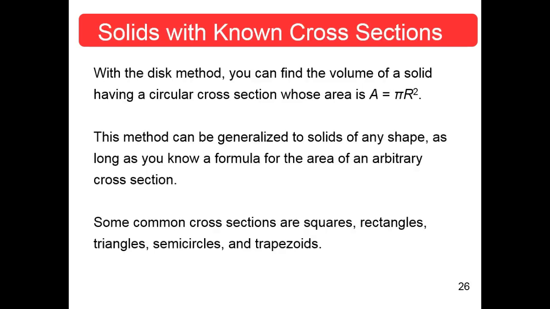With the disk method, you can find the volume of a solid having a circular cross section whose area is A equal to pi capital R squared. With that, you know that radius.